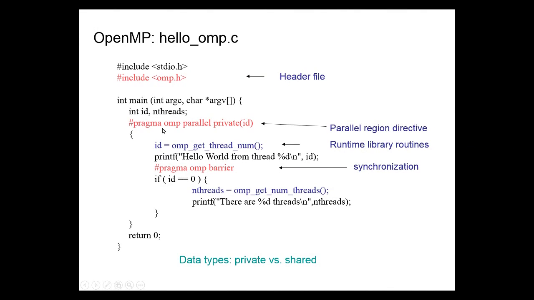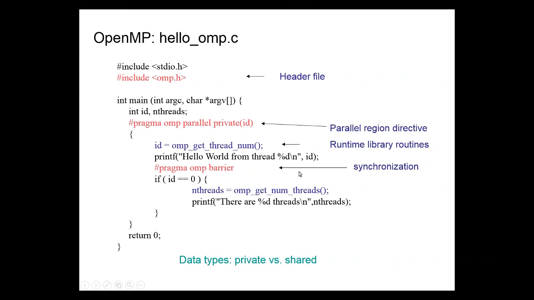So this is in C syntax. In C, you always start with pragma omp, and tell the compiler that this part of the code I want to run in multiple threads. And parallel is the parallel region constructor, which starts a team of threads for the code.